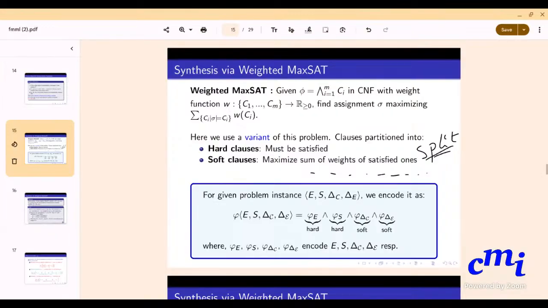Now, any solution to it will be a particular C and E, and when you maximize it, we get the optimal solution.